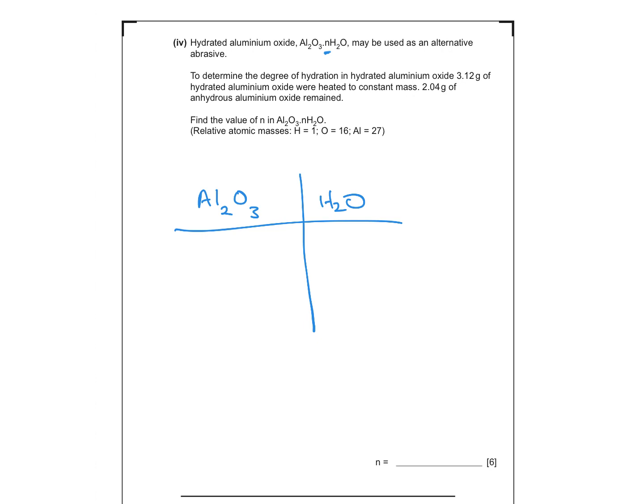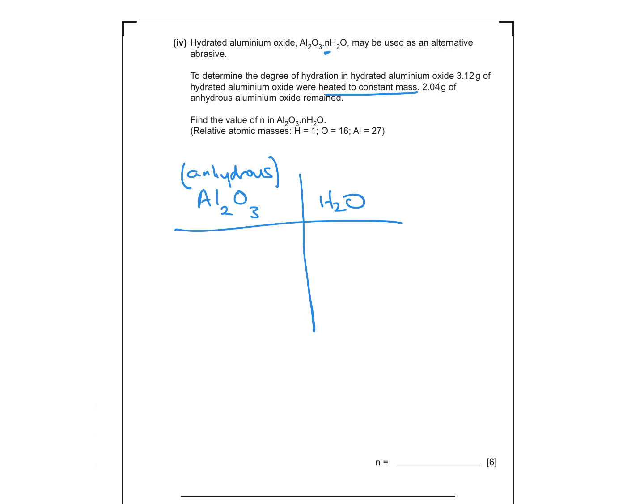Now it's important that you remember that the aluminium oxide has to be anhydrous. So I'll just put this in. May help you to remember. This has to be it when it's dry, after it has been heated to constant mass. That means that the mass does not change any further.